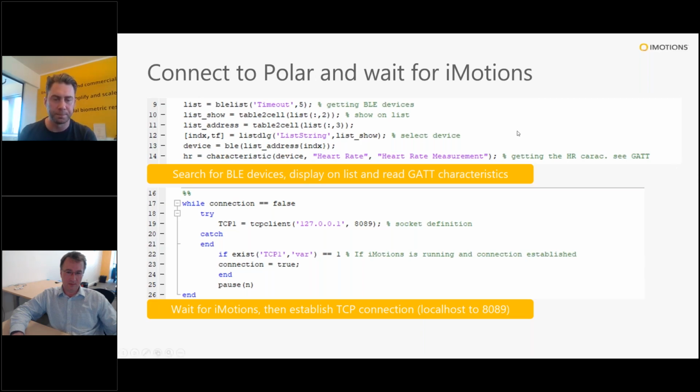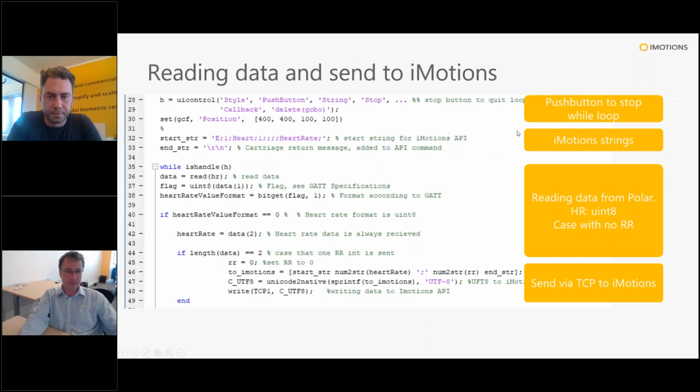Yeah, next slide, please, Ole. So here is really what's going on behind the scenes. For the first part of the loop here, I'm setting up a stop button so that I can start and stop my code as I want to. That's probably less important, but here you see what is defined in lines 32 and 33 are really the text strings that Ole talked about.